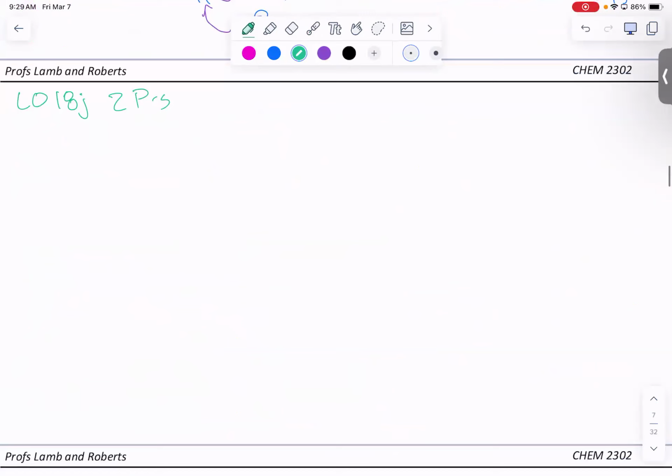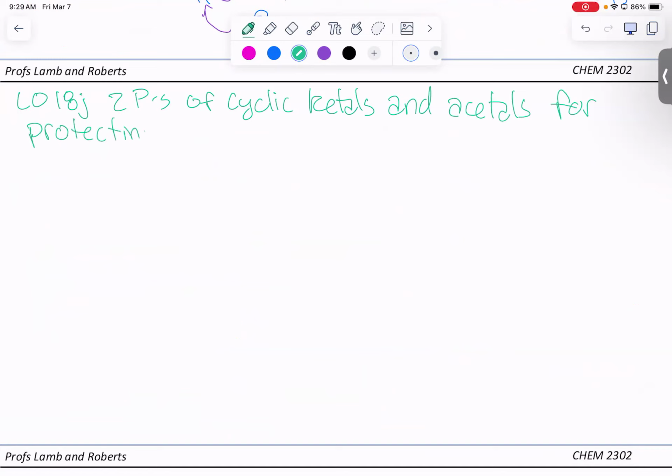But we're only going to test you on the 2 Ps of cyclic ketals and acetals for protecting groups. Keep saying this phrase, protecting groups. This is in 18.9. Well, they're exactly what they say. They protect functional groups from being reacted with.